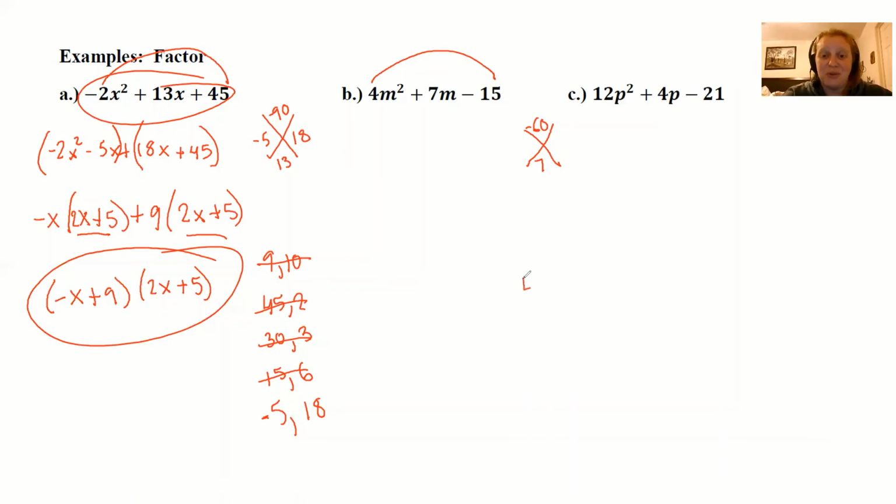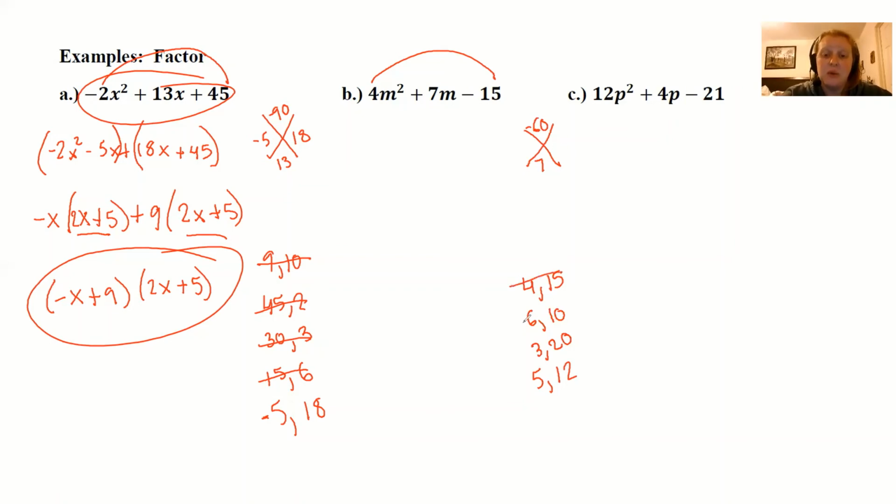So I know 4 and 15 makes 60. I know 6 and 10. I know 3 and 20. I know 5 goes into 60, so 5 and 12 could go in. And actually, I'm going to stop writing because as I'm writing them, I'm looking for numbers that could make 7.